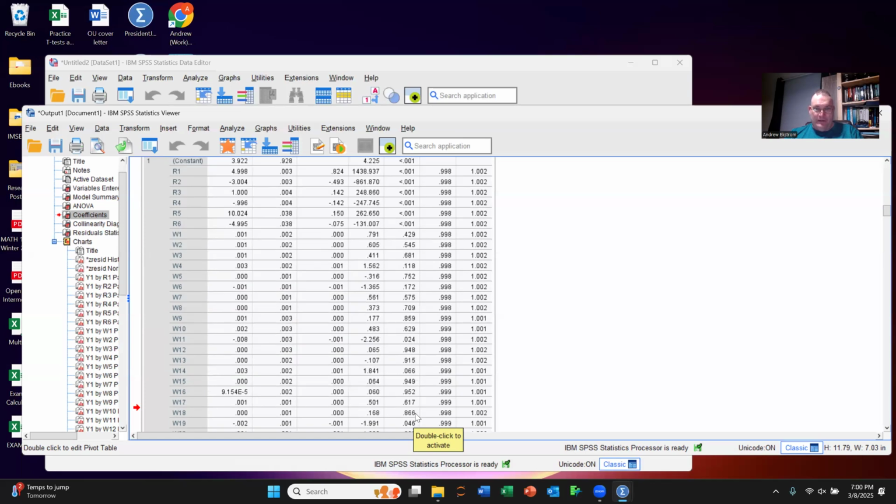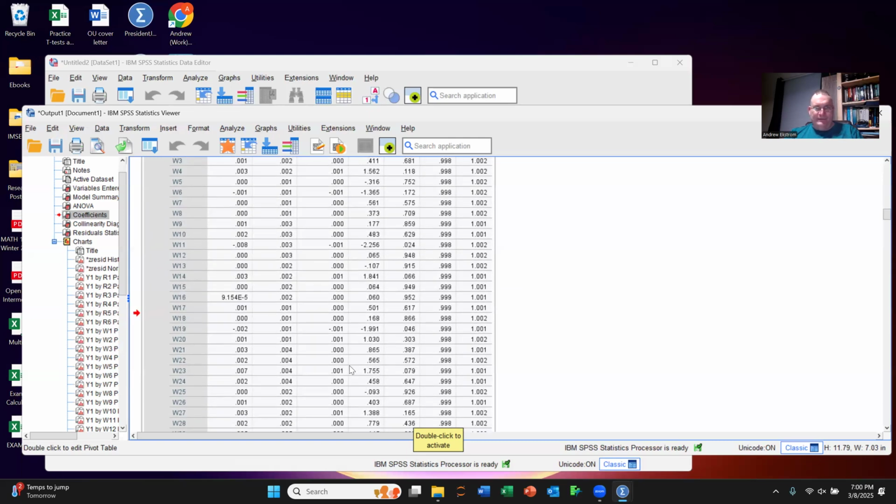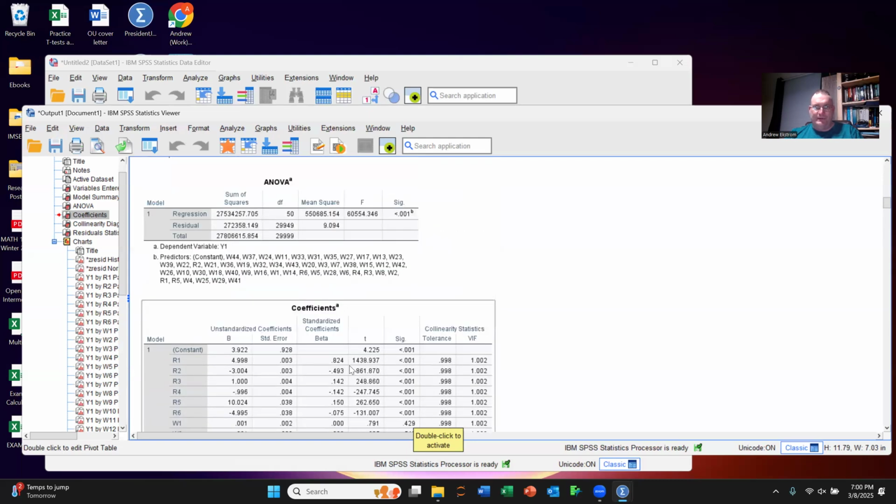W14 looks like it might be statistically significant. Here is W19. W23 looks like it's close to being statistically significant, but not quite there. So anything that we see with a W here, these are those spurious correlations that I was talking about.